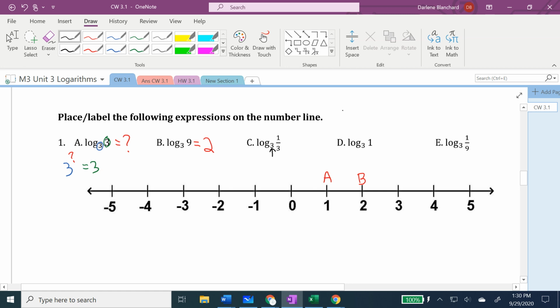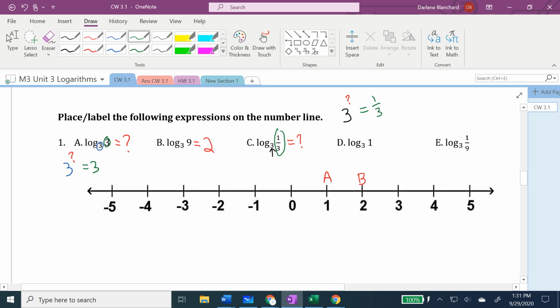So that means the base of my exponential is 3, and it's to the power of something. Whatever that power is, that's the answer to this logarithm. The answer to the exponential is the same as the input of the logarithm.